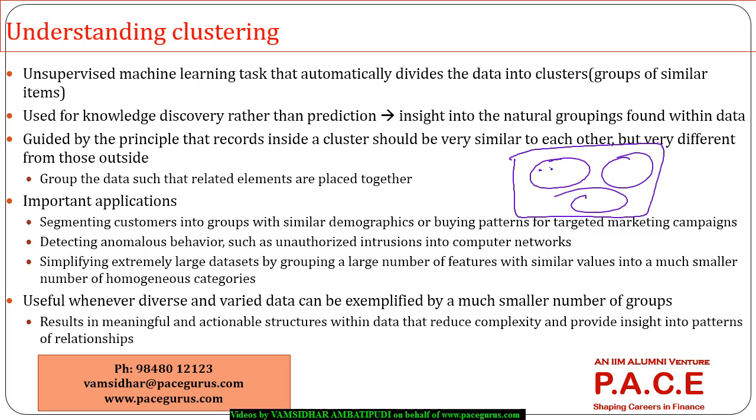So the examples that are there within the cluster, they all should be very much similar in many aspects. Whereas if I'm talking about the elements between the clusters, they should be very much different from each other. So within this cluster, all of them should be more or less similar. Within this cluster, all of them should be more or less similar.